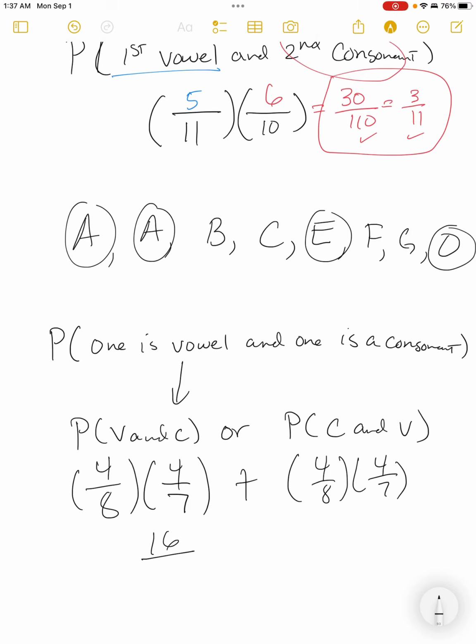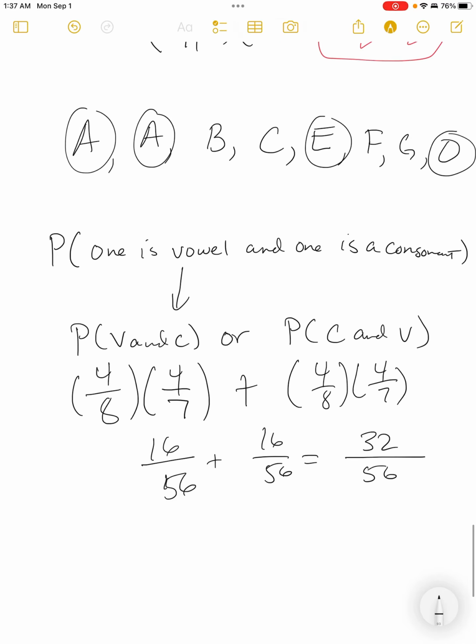And so we have 16 over 56 plus another 16 over 56. If you remember your fraction addition, you need those denominators to be the same at 56. 16 and 16 is 32. So we have the raw answer of 32 over 56. And I think both are divisible by 4.